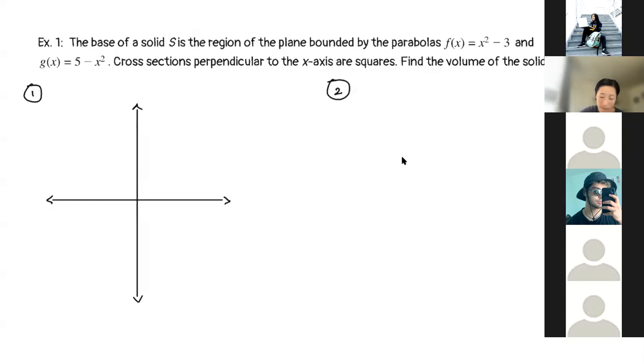Let's see. Maybe we'll go with green. F of x will be green. And g of x will be orange. All right. Tell me what you know about f of x. Tell me what you know about g of x.